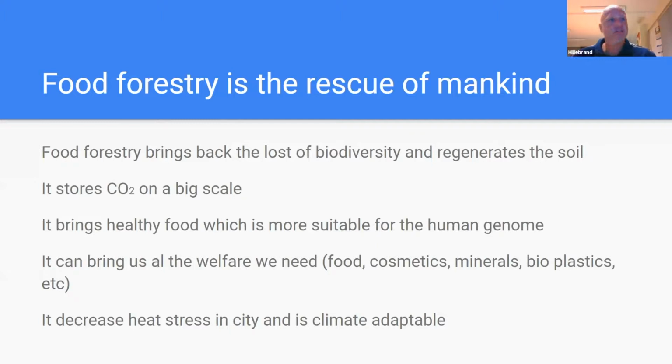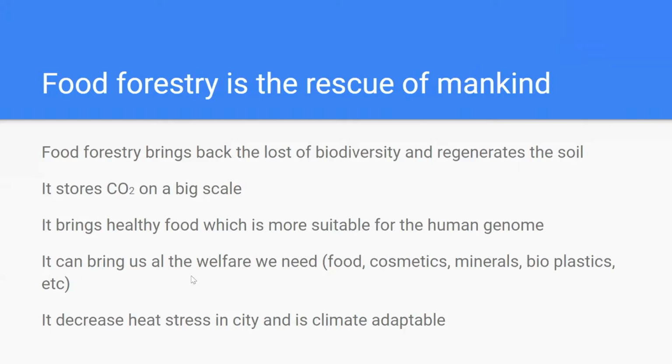Another benefit is it can bring us the welfare we need, but maybe you have to redefine welfare, because what is welfare? To have a lot of money, a lot of things, or you can define welfare as living in peace in a great green environment, an environment that has everything you need, like food, cosmetics, minerals, bioplastic, all the things you need every day.